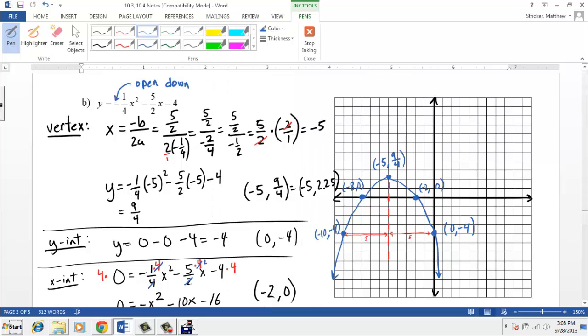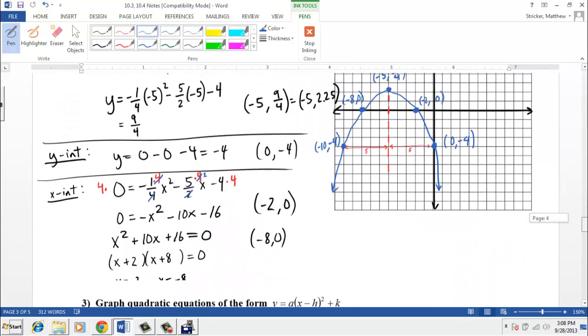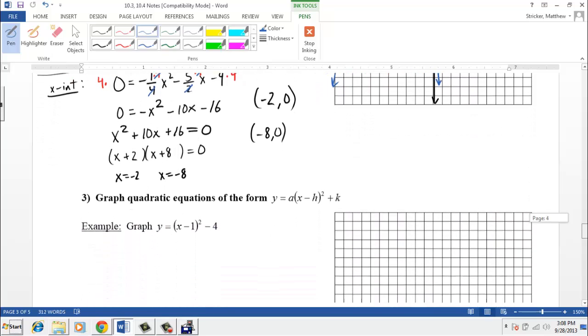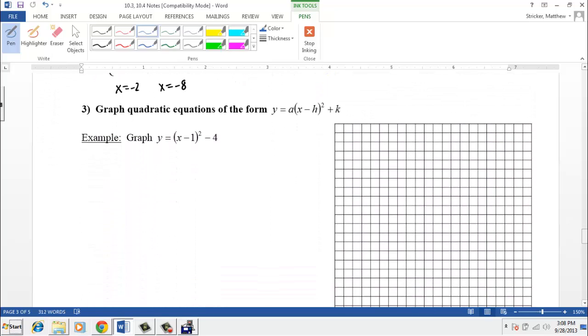And we have one more type of equation that I want to look at, and that's when quadratic equations have this form a times x minus h squared plus k. And this is that shifting form. It's really easy to see the shifting that's going on.